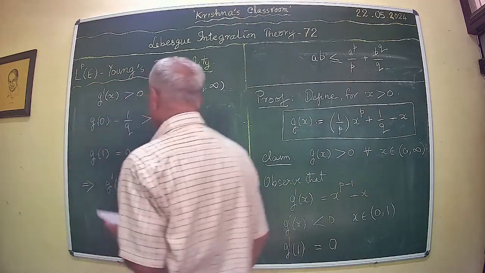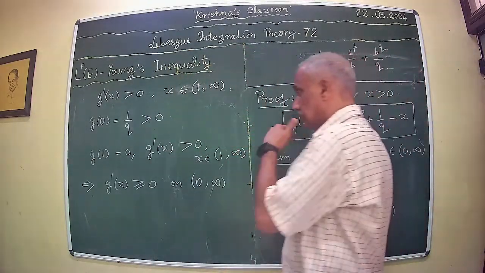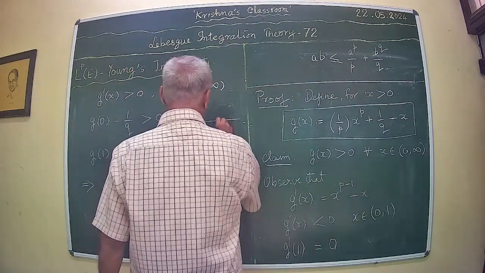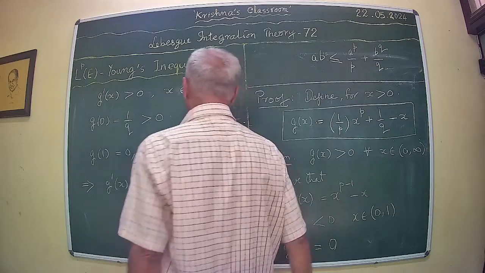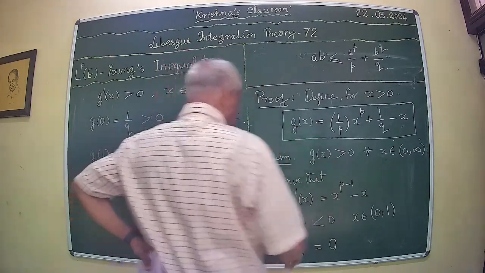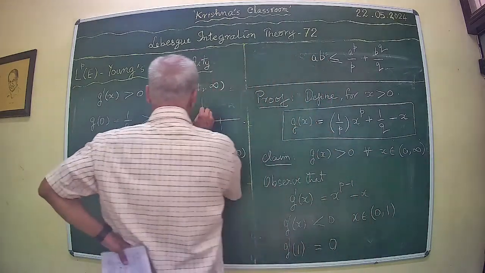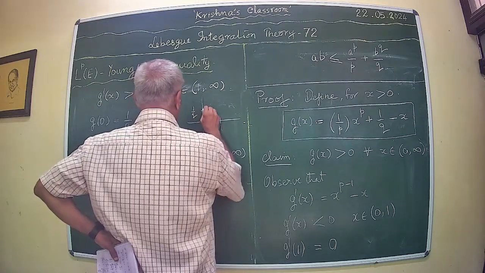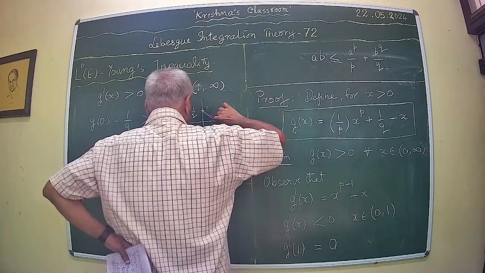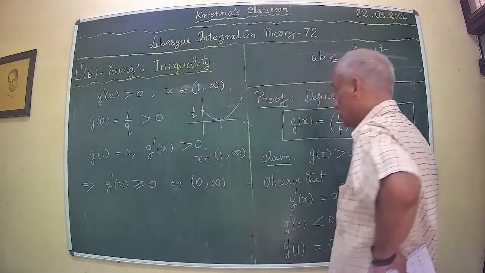infinity. So what happens is that this function is taking the value something like 1, takes the value 0. So the property that you have is that g derivative x is negative means g is decreasing. So this is 1 by q and it just decreases to this place and then it increases. Now this is the property of g.